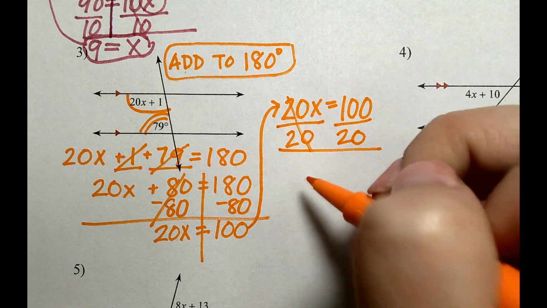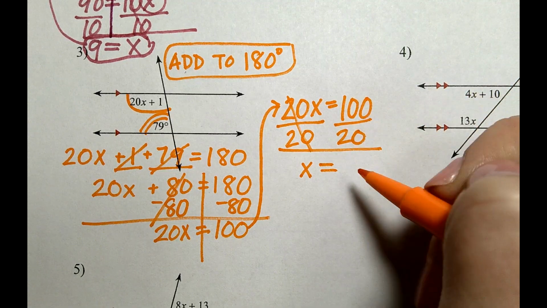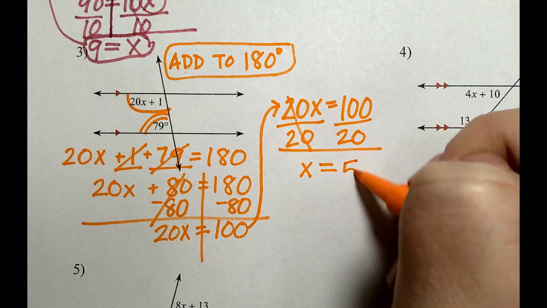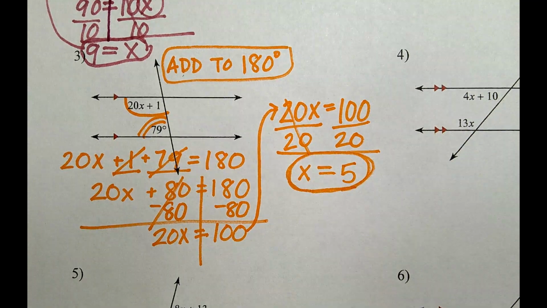That gets rid of the 20 on our x, so it is by itself equals, what is 100 divided by 20? 5. X equals 5. Wonderful job. That is number 3. Okay. We feel like we're starting to get the hang of it?